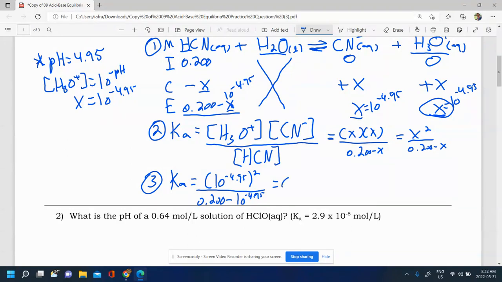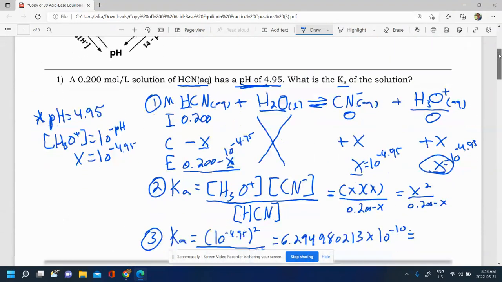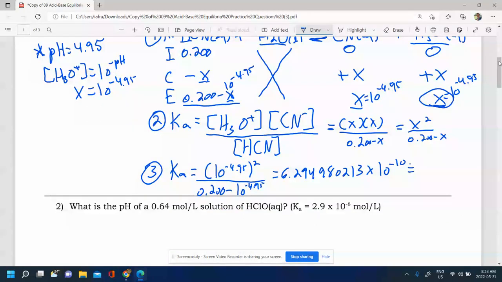And we get 6.29498013 times 10 to the power of negative 10. Remember, there's no units because it's a Ka. It's an equilibrium constant. And so that's approximately, to the correct number of sig figs, which is 3 sig figs, 6.29 times 10 to the power of negative 10. That is the Ka for this particular acid.